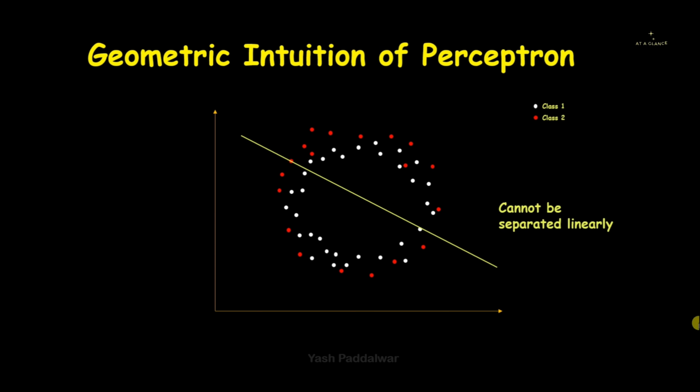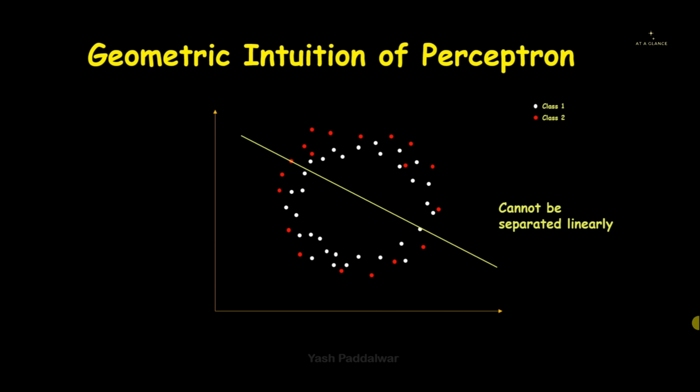In the previous case, we were able to clearly see that all the balanced data points were on one side and all the tropical data points were on the other side. But here the case is not like that. That is why here we cannot deal with this particular data with the help of perceptron. And this is the drawback of perceptron, that it does not work on non-linearly separable data.